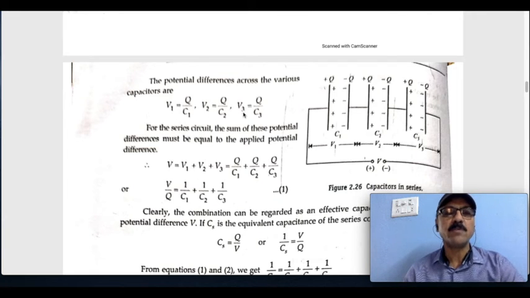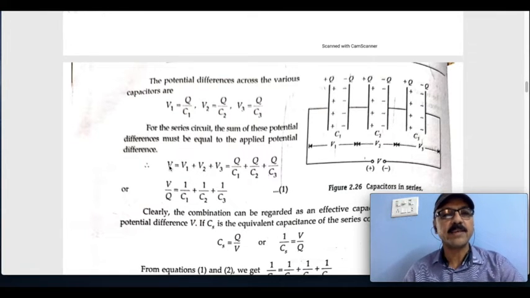Putting in the values, Q upon C1 plus Q upon C2 plus Q upon C3, and the net potential V is equal to Q by C. Q cancels out and we get 1 by C equal to 1 upon C1 plus 1 upon C2 plus 1 upon C3.